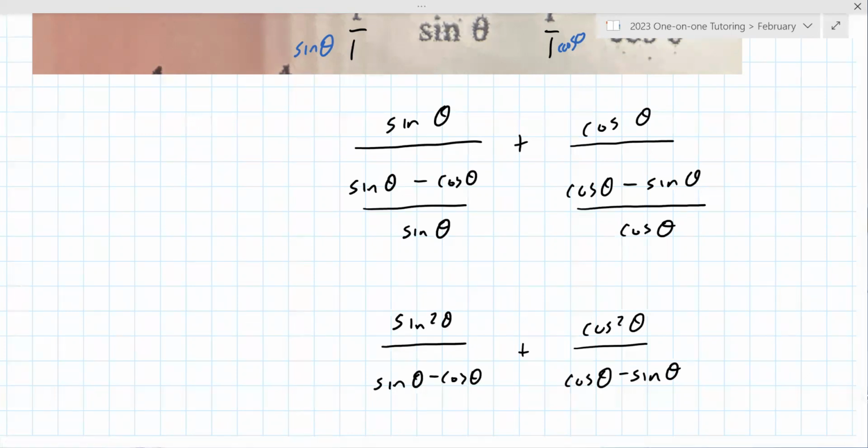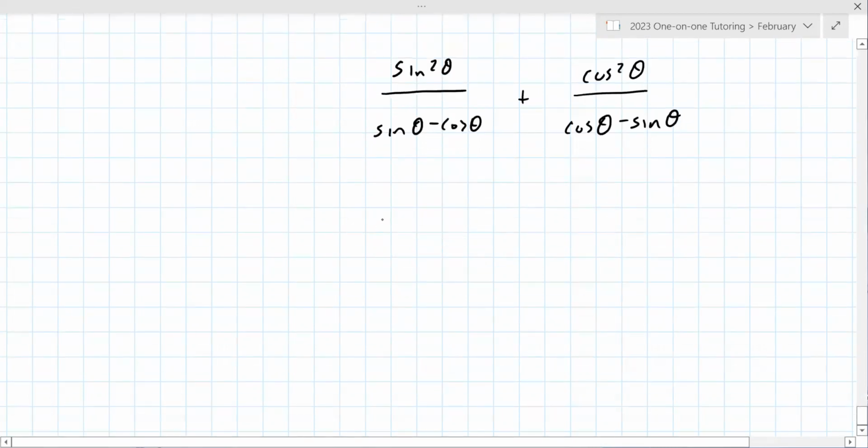But what we could do is multiply the top and bottom by cosine theta plus sine theta, because what that would do is give you difference of squares.